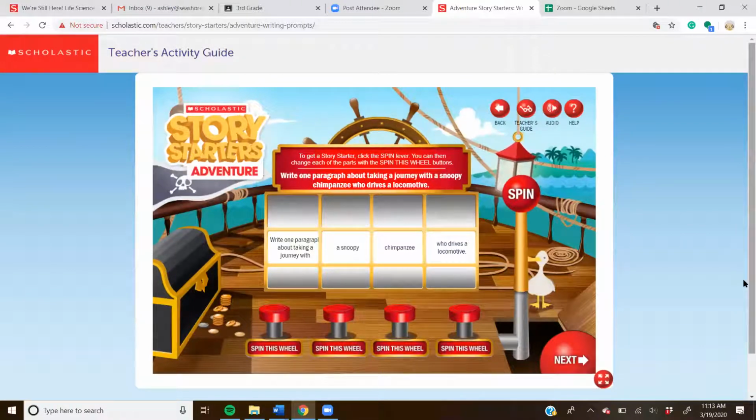Brooke, I see you would like to share your story. Okay. One day, there was a chimpanzee who was in the zoo, and every day he saw this locomotive. He always was so snoopy about the locomotive. He would always think to himself, what would it feel like to drive this thing? Then, one day, the chimpanzee got loose, and then he saw the locomotive.